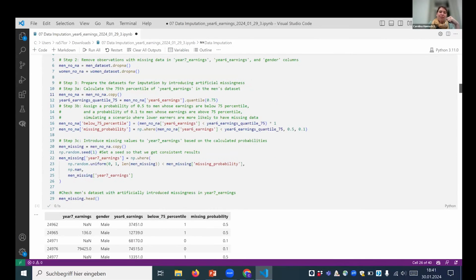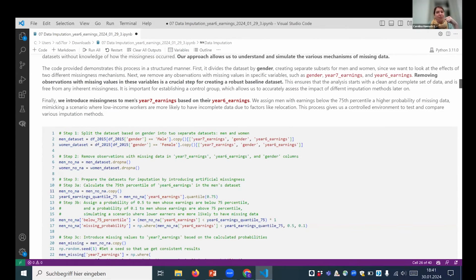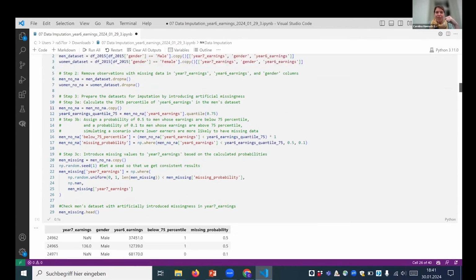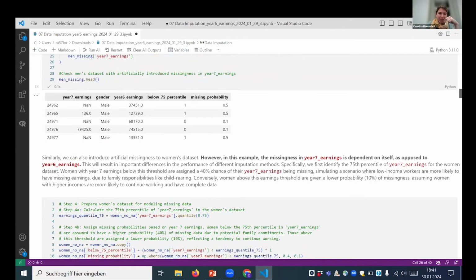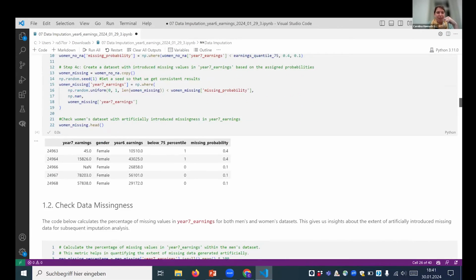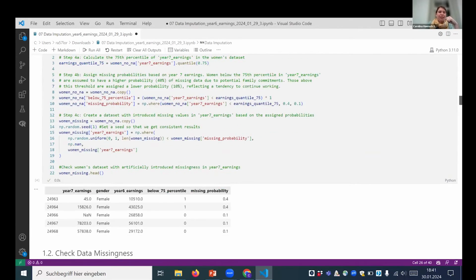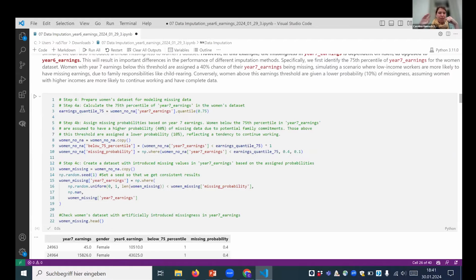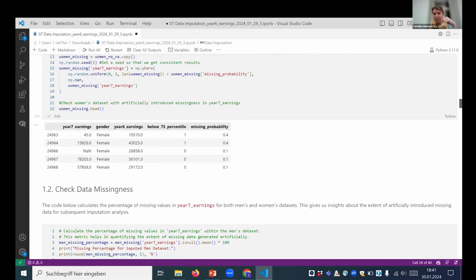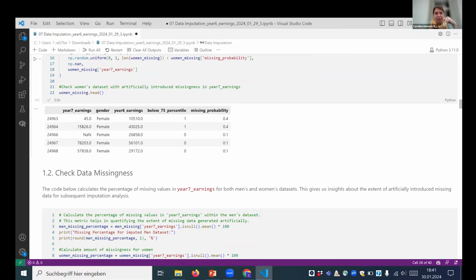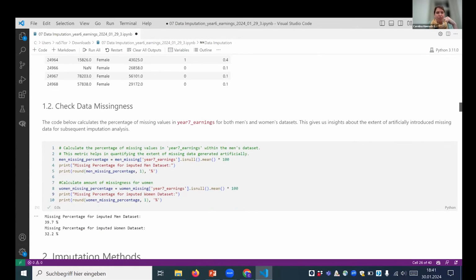And of course, year 6 earnings are also a very good predictor for year 7 earnings. So this will make our life easier in the following. And for the women, we do a separate data set, which we will see at the end. And there we have a missing not at random scenario. So the missingness is directly dependent on the value of the year 7 earnings itself.